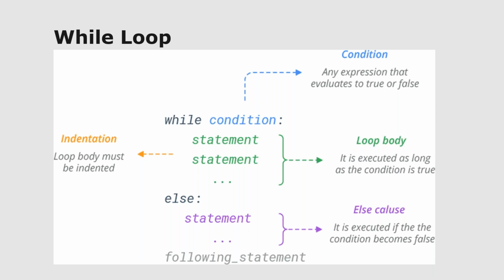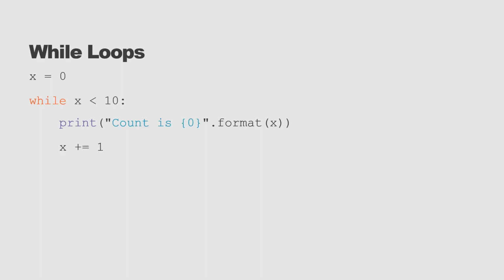That means while the condition is true, it will run that statement and leave the else statement. Once the while condition becomes false, it will not run that loop, then it will run the else statement. So that's also something you can do.